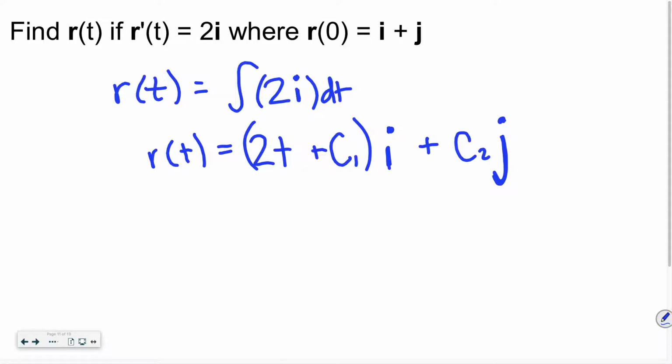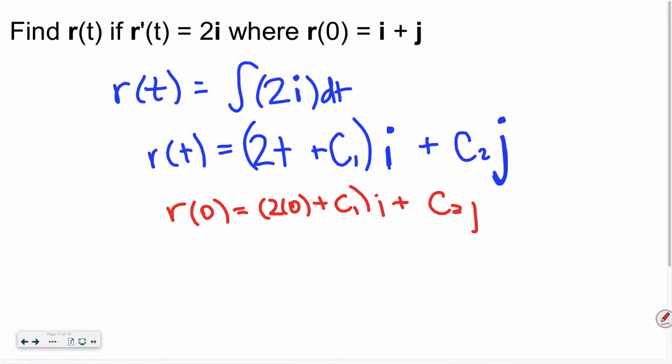Well, we know that r of 0 should be i plus j. So if we plug in 0, we want our components to equal 1 and 1.